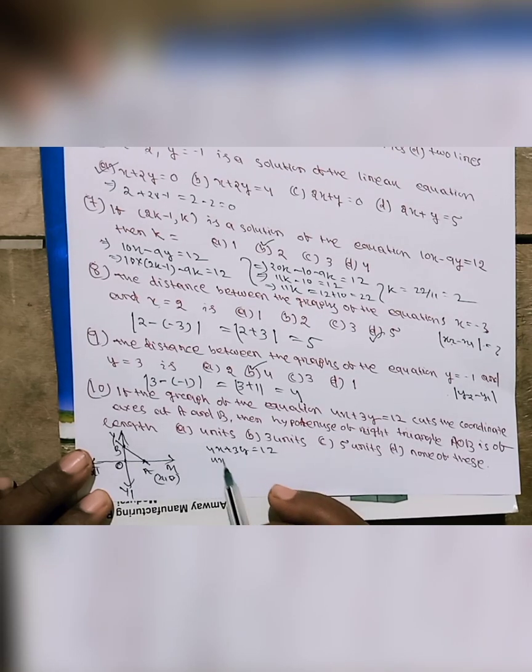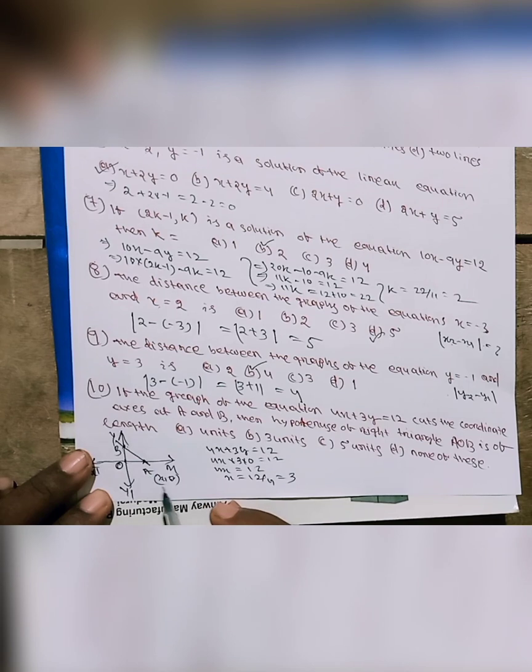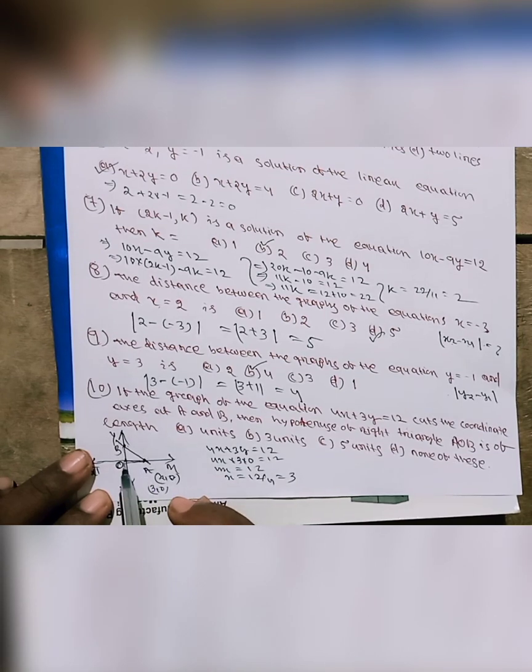So 4x equals 12, x equals 12 by 4, which is 3. So the coordinate of point A is 3, 0, or the distance from O to A is 3 units.